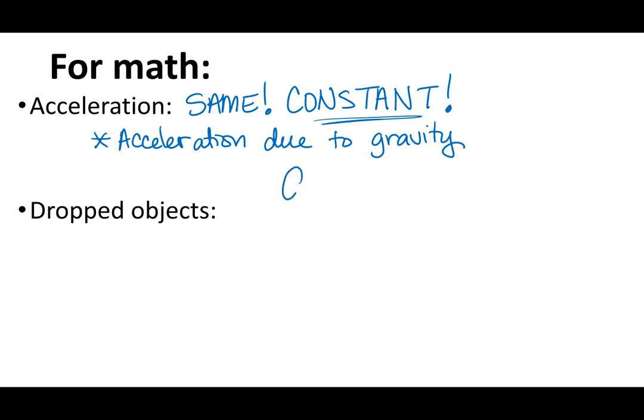So if I take A, which is our variable for acceleration, and I change it to be the acceleration due to gravity, all I'm going to do is turn this A into a G. So now lowercase g for the acceleration due to gravity is negative 9.8 meters per second squared.